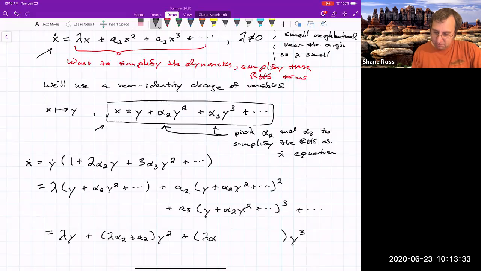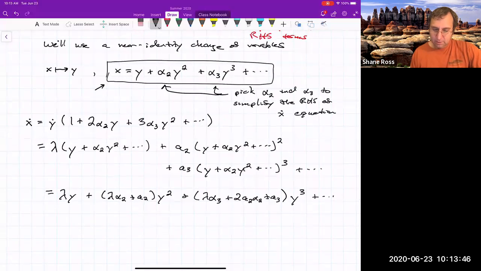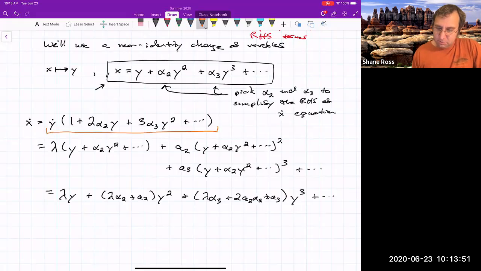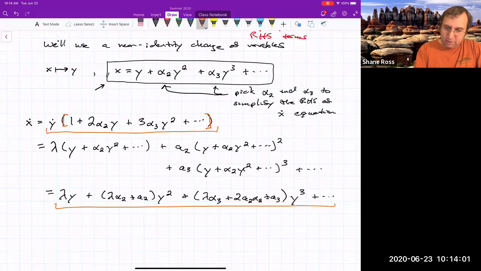This is lambda alpha 3 plus 2 a2 alpha 2 plus a3, and so on. So we've got y dot times this thing, maybe we'll put it in square brackets up here, equals this down here. And now we want to write y dot equals some stuff on the right-hand side. How will we do that?